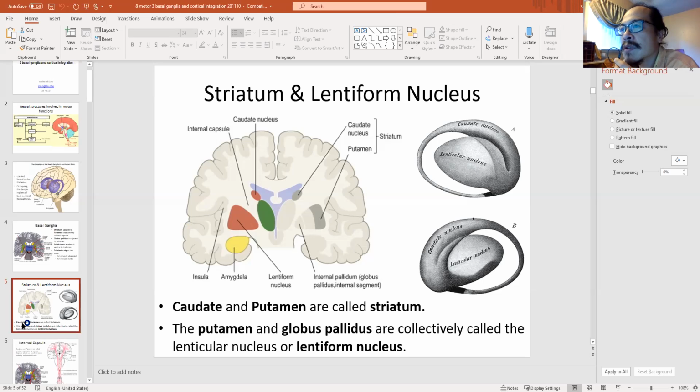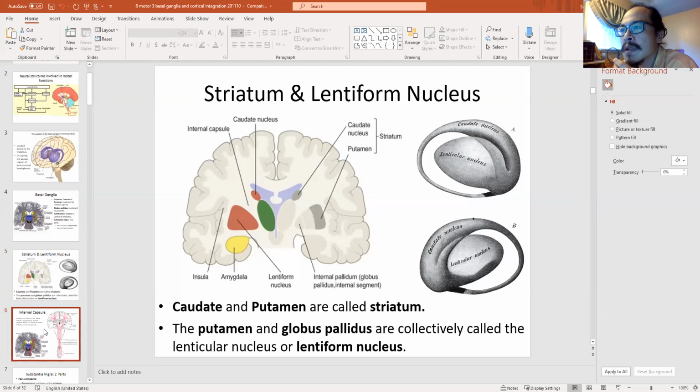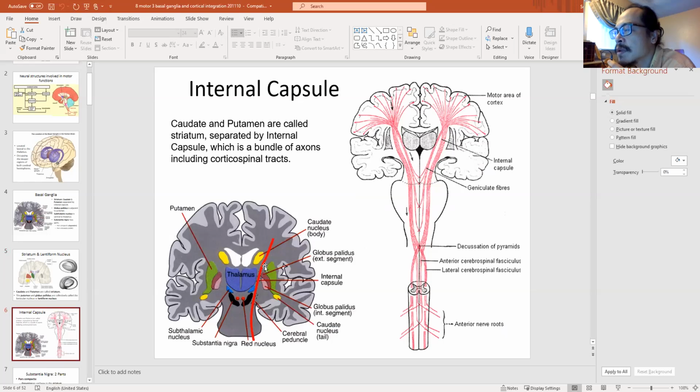We also mentioned the internal capsule going through. The nerve fibers, the white matter tracts that pass through the caudate and the putamen, form the internal capsule right here. What's the internal capsule? The internal capsule is basically a nerve bundle of the corticospinal tracts.